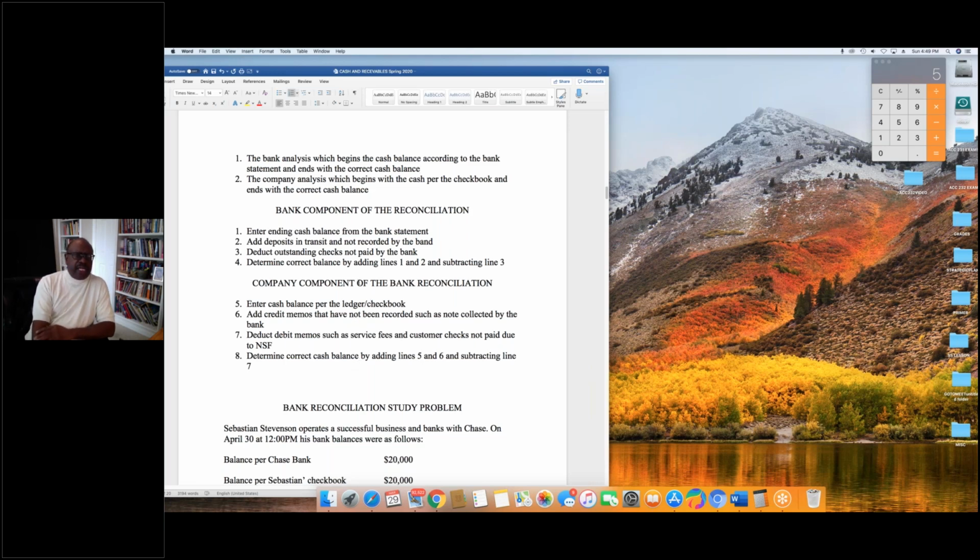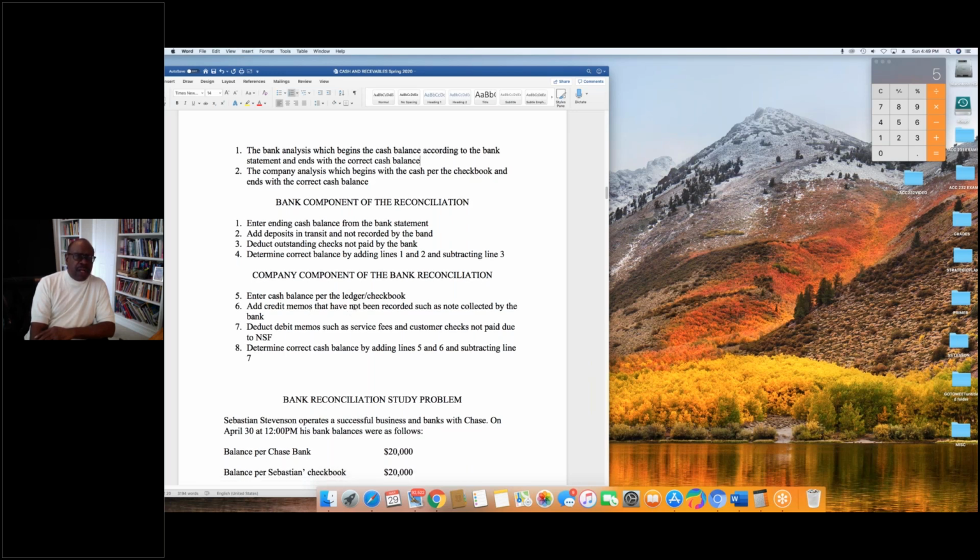A key thing is that for the company component, you have to make journal entries. If we get interest income, then we debit cash and credit interest income. So we have to make journal entries for anything on the company's component.